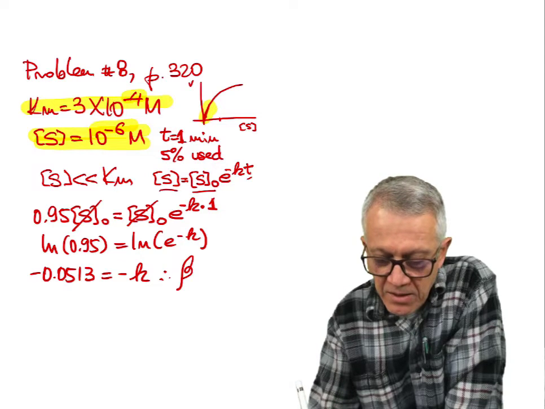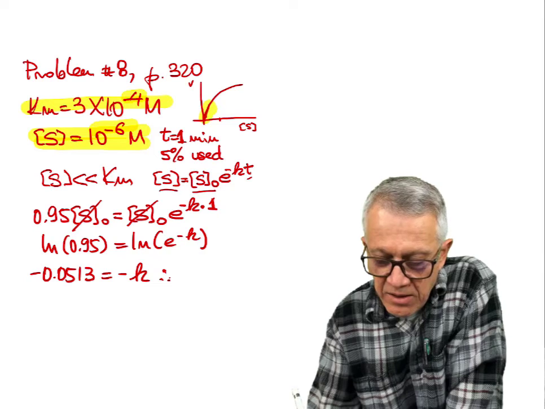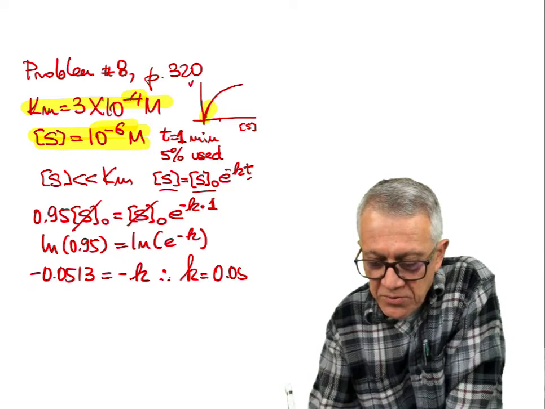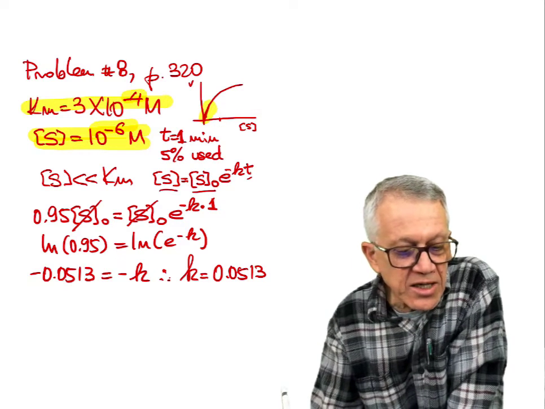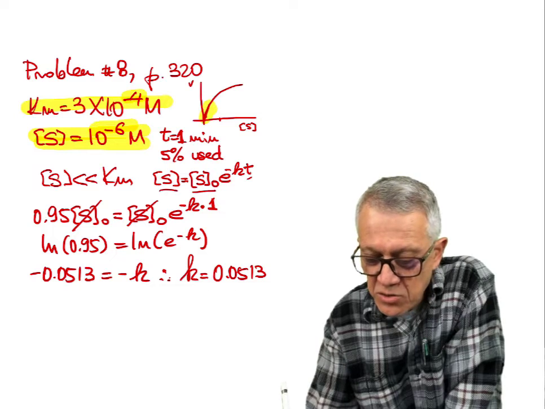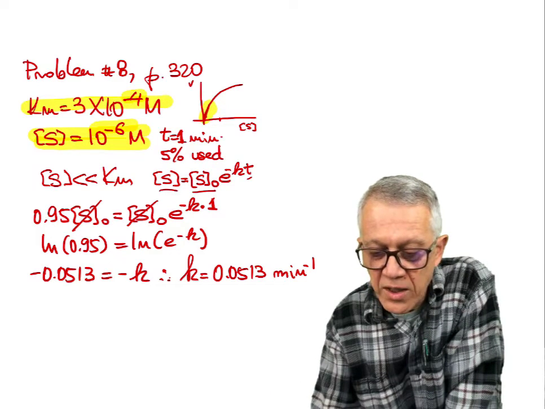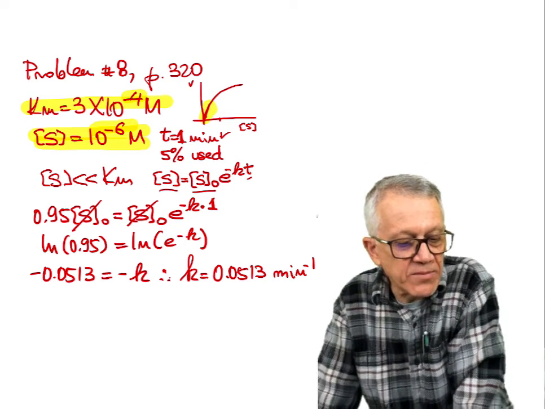Therefore, we found what Segel wants to give us, the k, which is 0.0513. And what will be the unit for this k? This k is going to be minutes^-1, because we are talking about 1 minute here. So the unit of time was 1 minute.